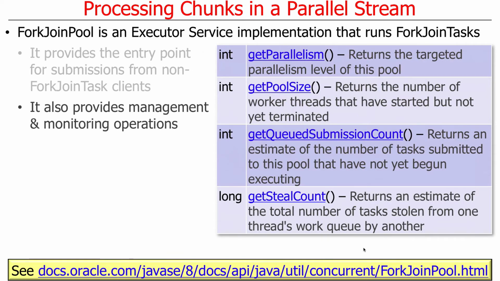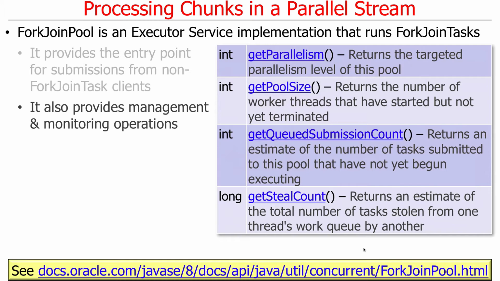There's also a whole bunch of other methods that are used to manage and monitor the fork join pool. For example, you can find out how many threads are part of the pool. You can figure out how many worker threads have been started but haven't gone away yet. So what's the current size? That could be dynamic. Get parallelism returns the target parallelism level, which is typically the number of cores on a machine, minus one.